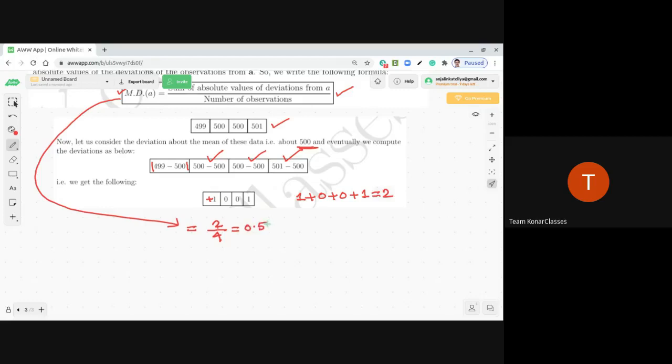Got it, dear students? What is the motivation or justification behind considering the absolute values?